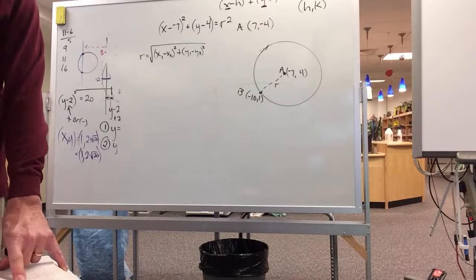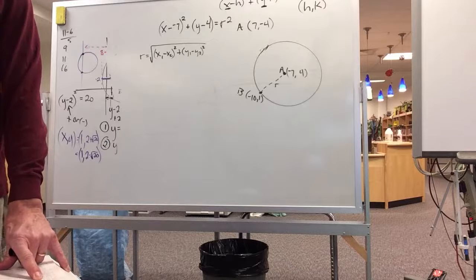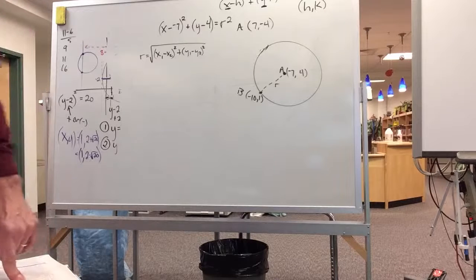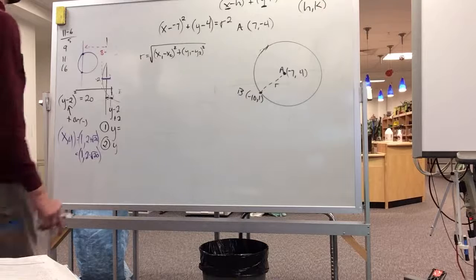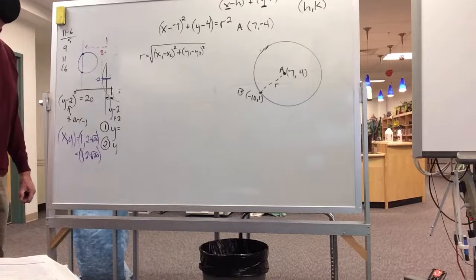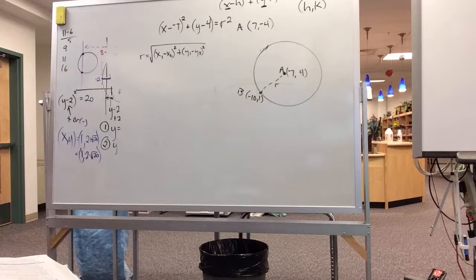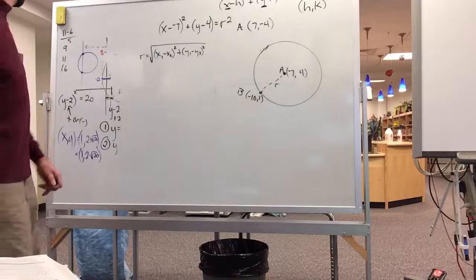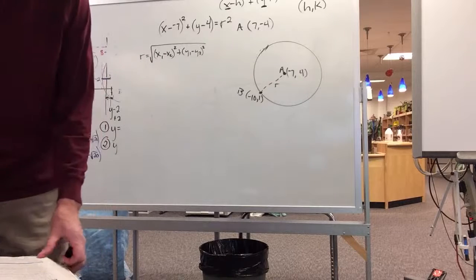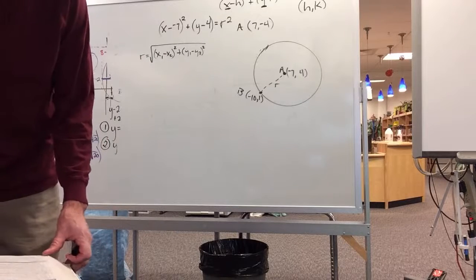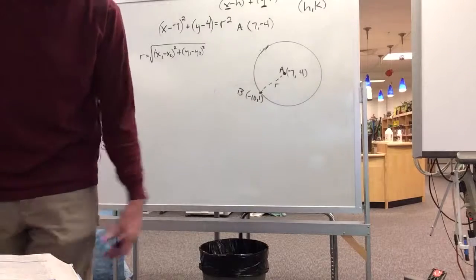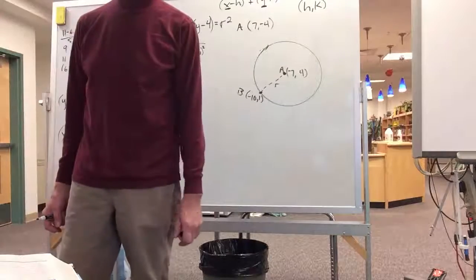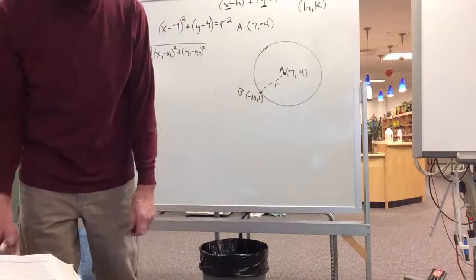So you've got to find the equation, you've got to find the exact circumference, and then you've got to find the exact area. Let's see, number 16. Oh, number 16 is the same thing, isn't it? Find the distance between 2 points.